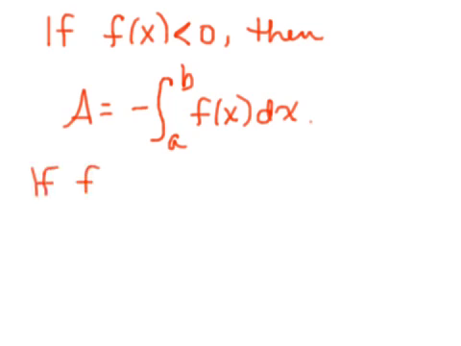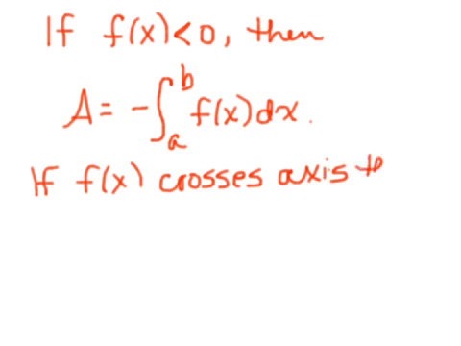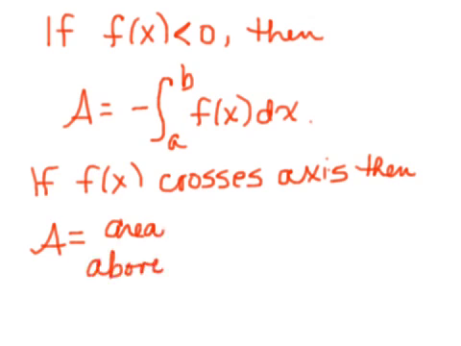And if f of x crosses the axis on its interval, then area equals area above minus area below. So essentially we're taking the absolute value of the value that's below the x-axis.